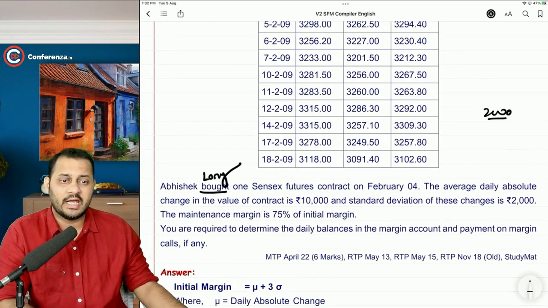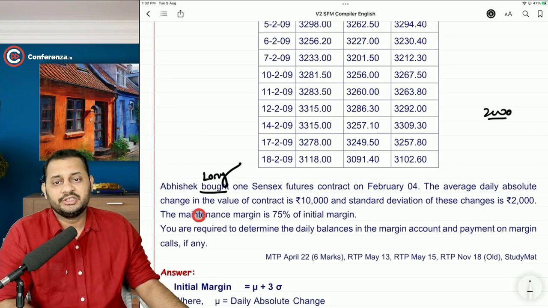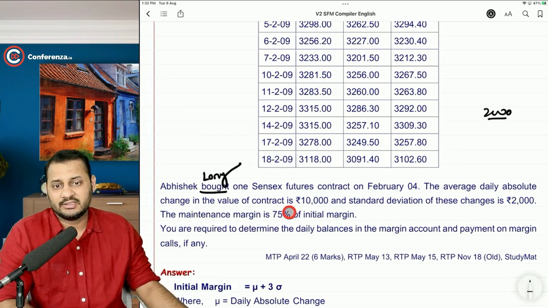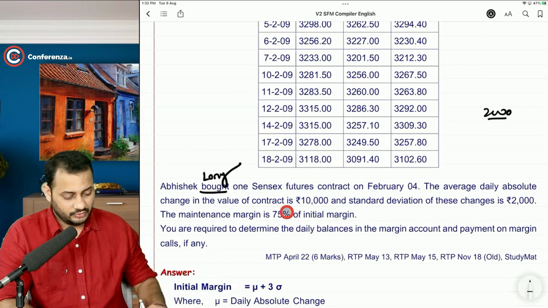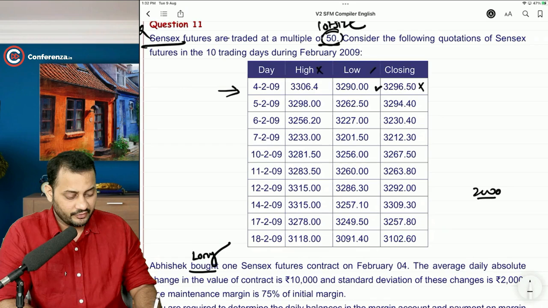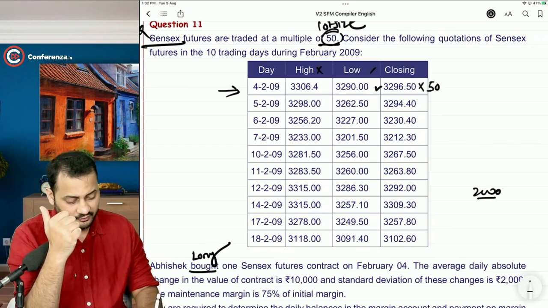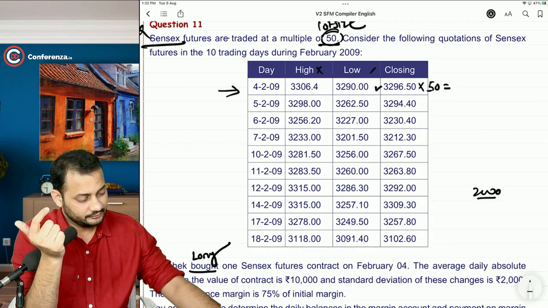So that's why they are saying absolute. That means they have removed all the negative signs. Change in the value of the contract is 10,000 rupees. So what is the value of the contract on the very first day? 3296.50 for one future multiplied by 50 for the one contract.